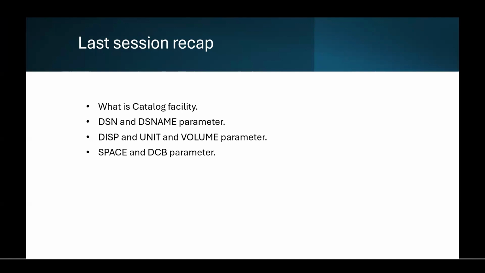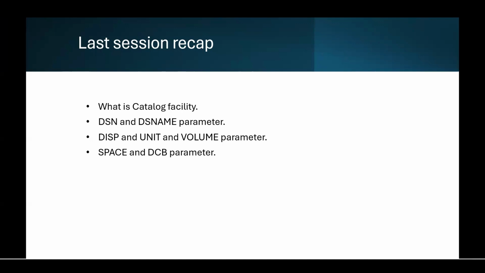We have the KEEP option, which means you can keep the file. Another is DELETE. Another is CATLG, or you can also UNCATLG the file. There is also PASS, if you want to use the same file for a subsequent job step.